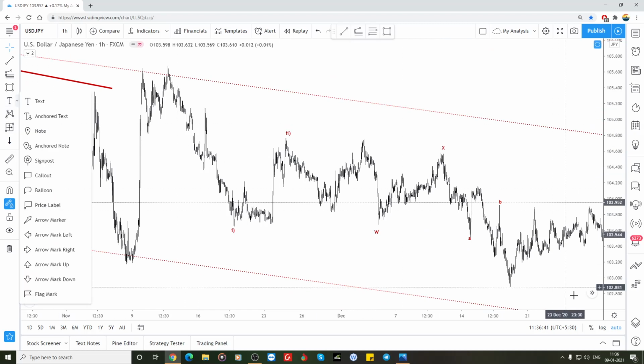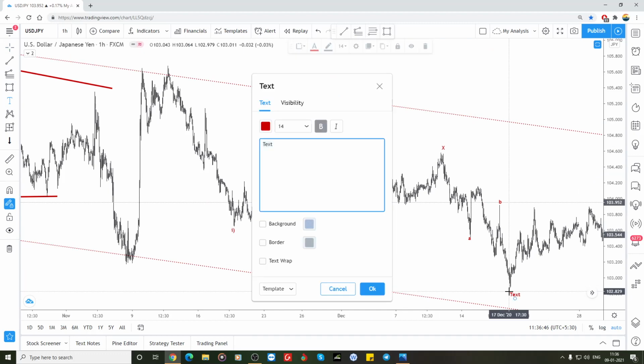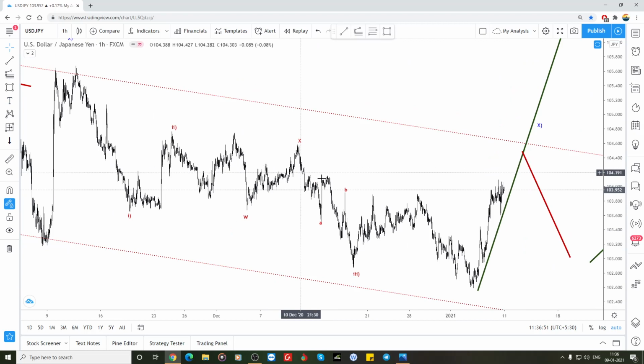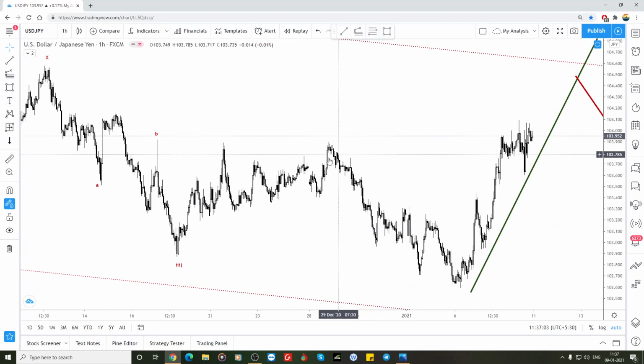So this is the third wave. Third wave got ended. So here A, B, and C. Once again, whether it is the 89, yeah, it's already broken.